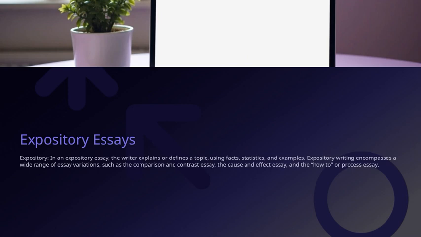These different variations help writers approach topics from different angles, but all share the goal of informing or explaining. As we move through the presentation, keep in mind how this kind of writing is essential for communicating ideas effectively, especially when we want to educate or clarify concepts for our audience.